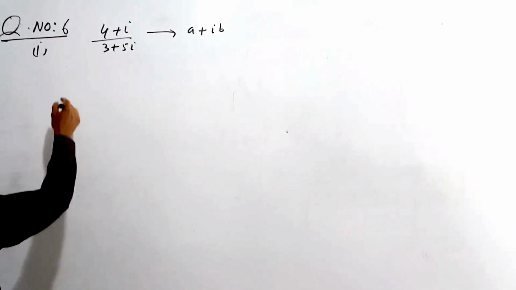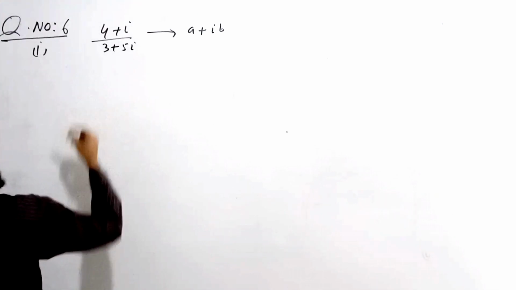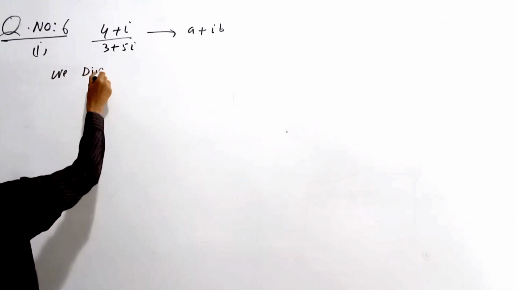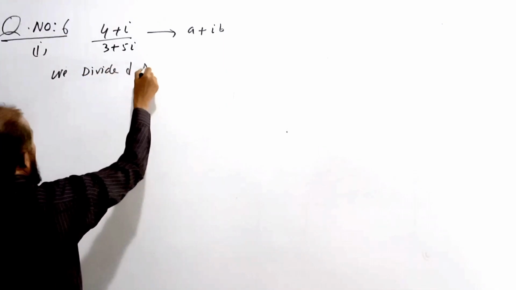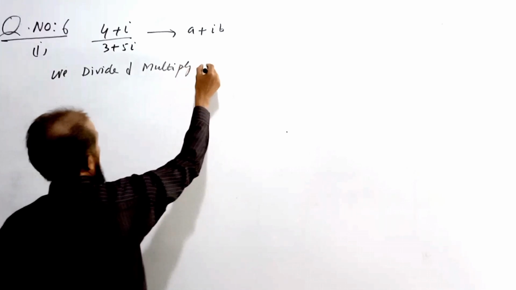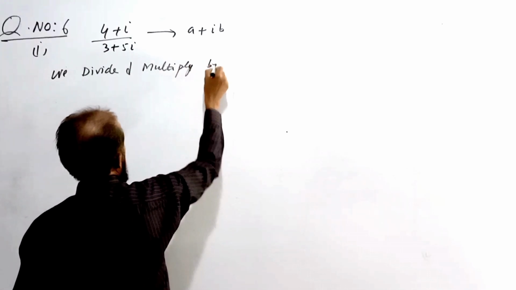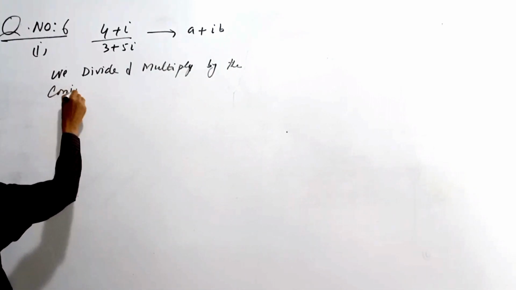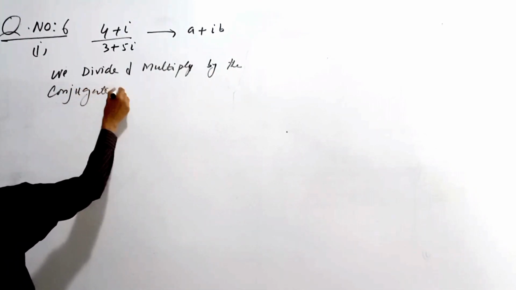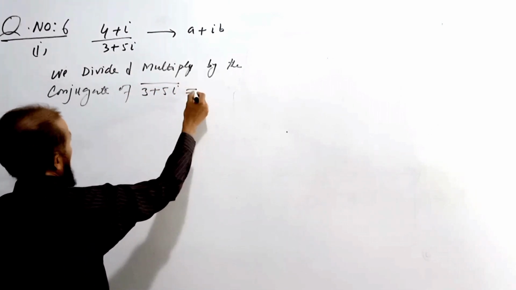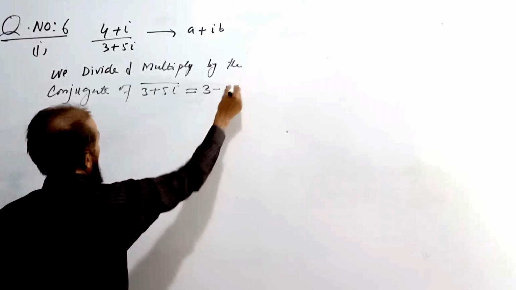It means that we take the conjugate of this number, we divide and multiply by the conjugate of 3 plus 5 iota. So the result is 3 minus 5 iota.